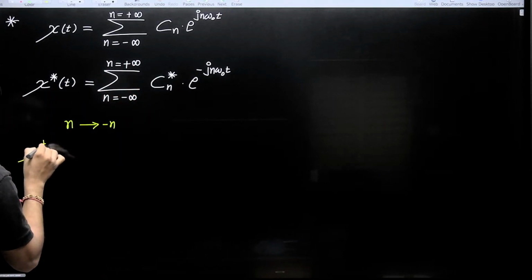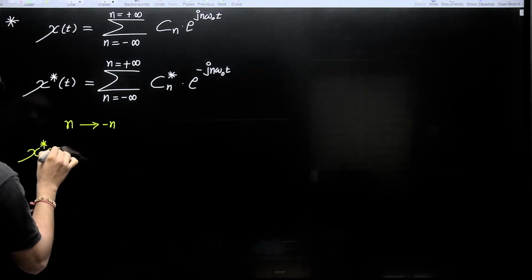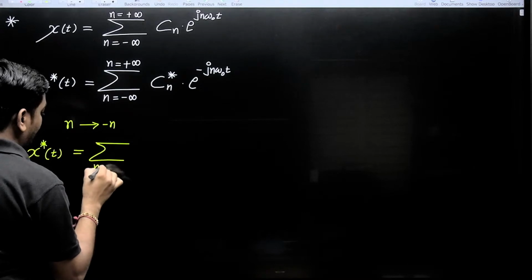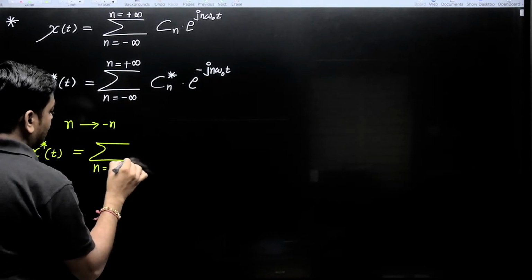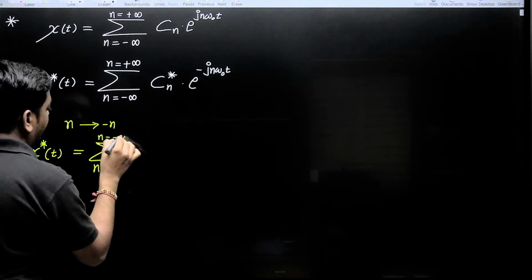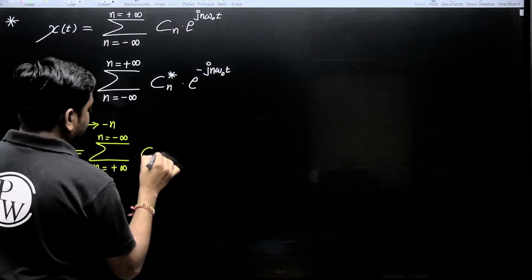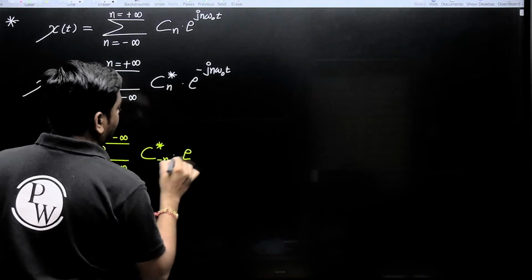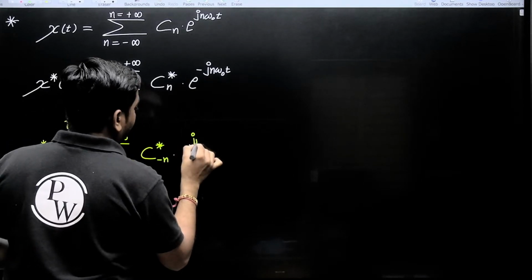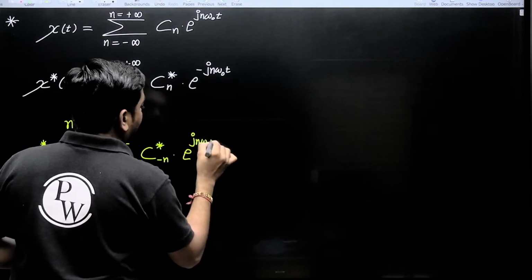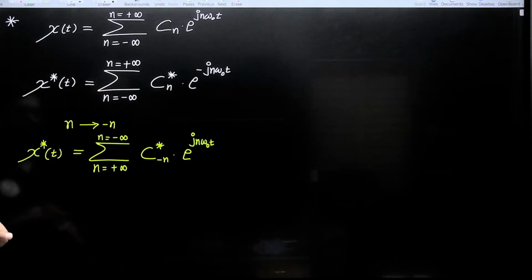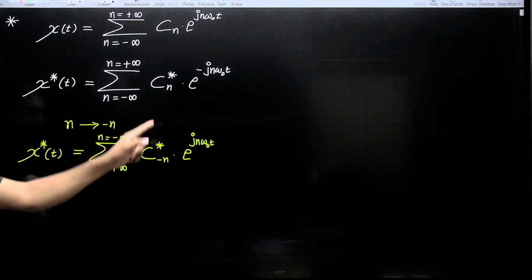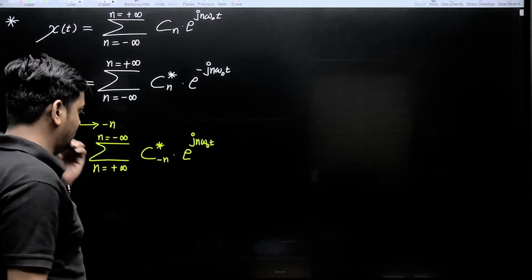The limit will be, of course, from plus infinity to minus infinity. Simply replace n with minus n everywhere. Wherever there is n, replace n with minus n. So n with minus n, and minus minus becomes plus.